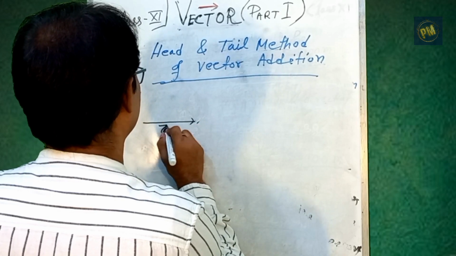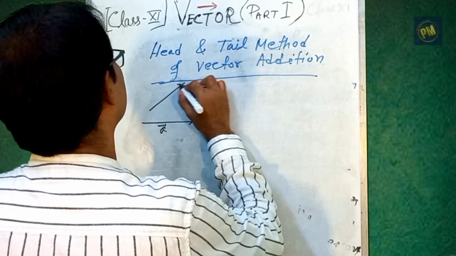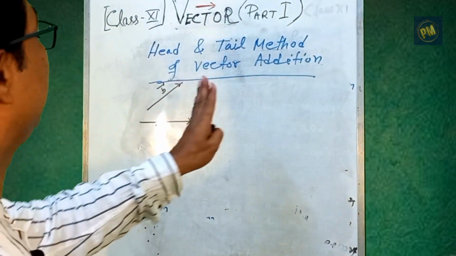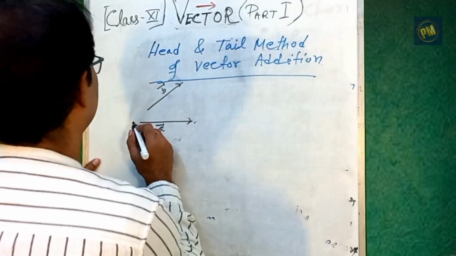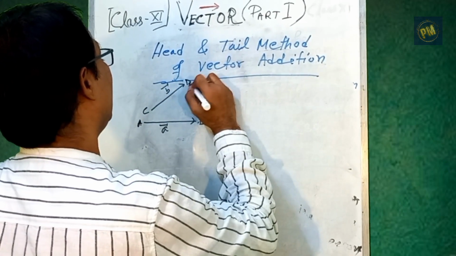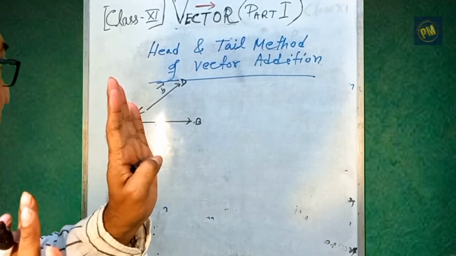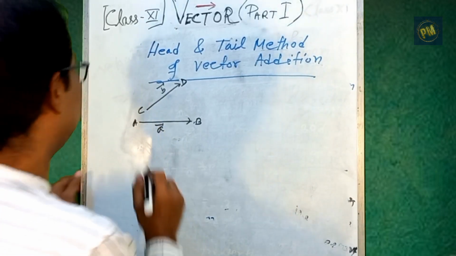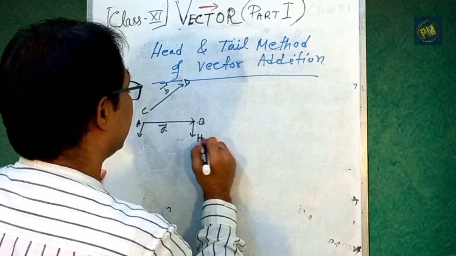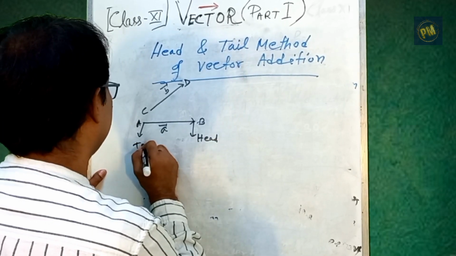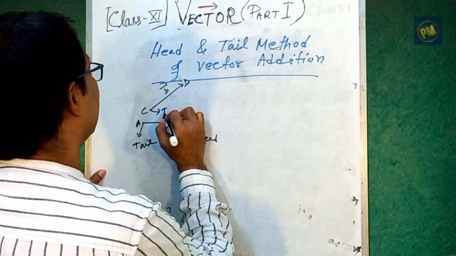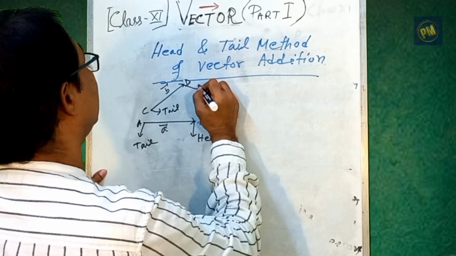A is a vector and B is another vector. How can we add these vectors? Take A, B and take this other vector C, D. How can you add these vectors with the head and tail method? This is the head and this is the tail of vector A, and vector B has the tail and this is the head.